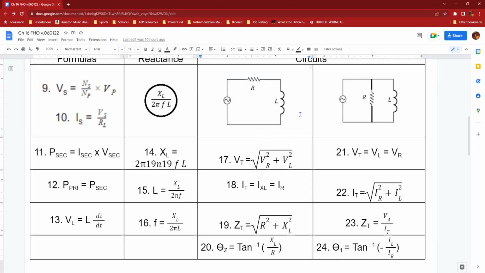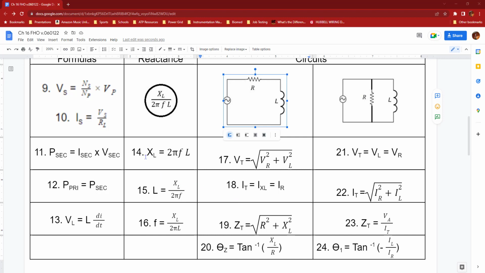And whenever we're doing a parallel circuit, I want to remind you, you can only use formulas 21 through 24. Now, if you needed to use the XL formula, that doesn't look right, it got messed up. Let me fix that. You may need to use formula 14: XL is equal to 2 pi FL.